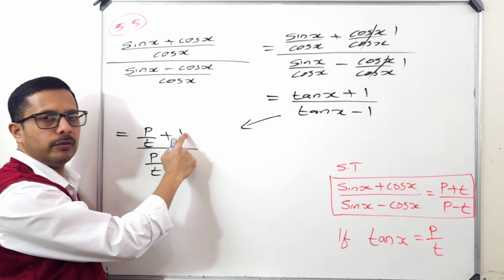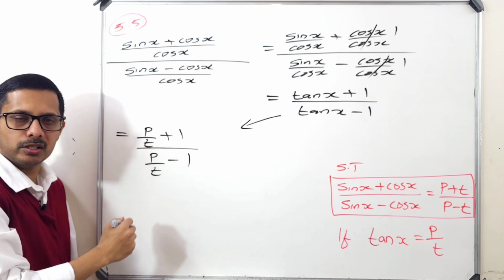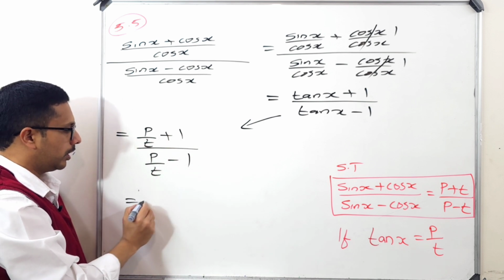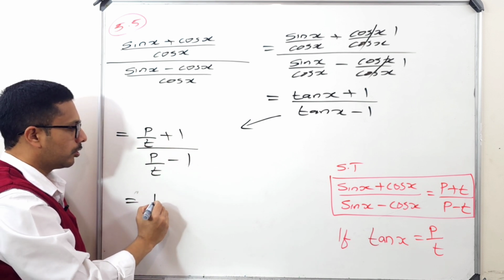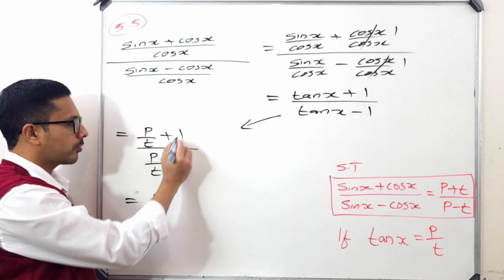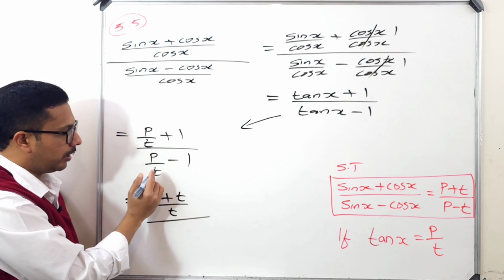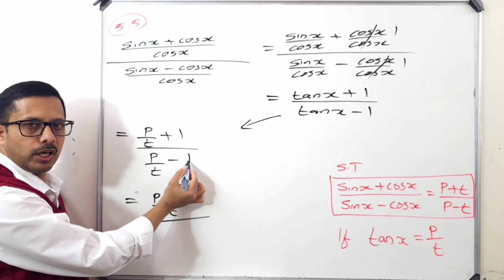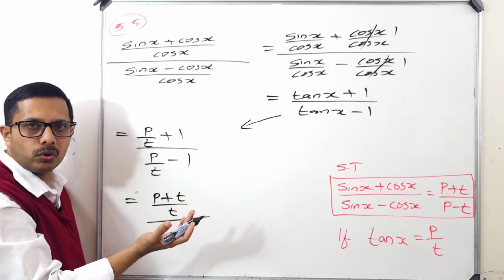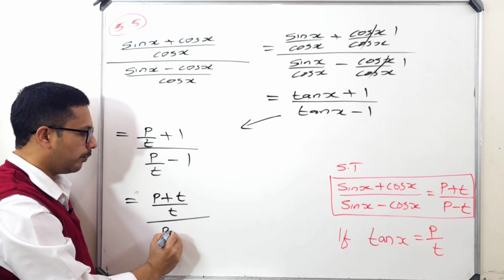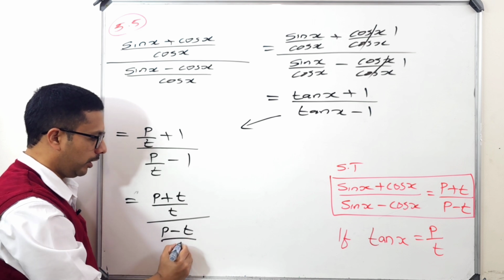This t you multiply with 1, then divide by t. Isn't that the easy method? So it is p plus t times 1, which is t, divided by t, the whole divided by, here also this t multiplied with 1. I'm just taking the LCM, that's all. So it is p minus t divided by t.